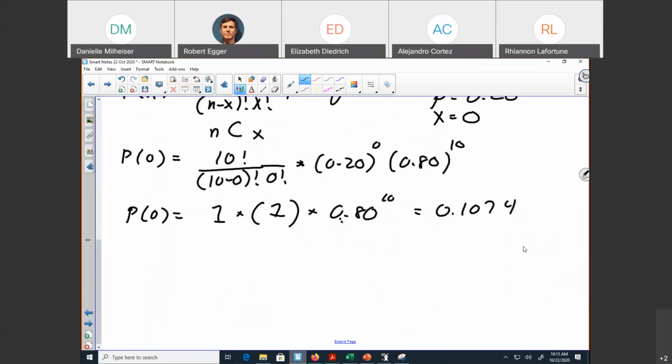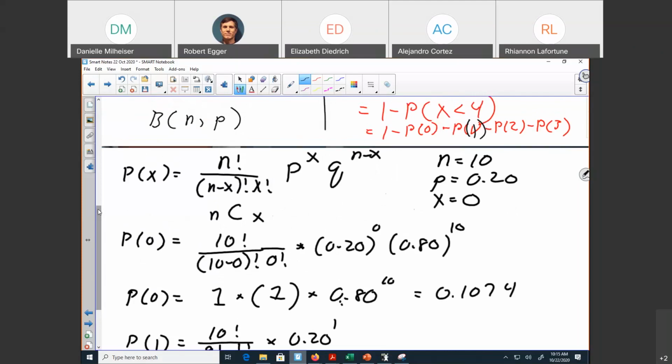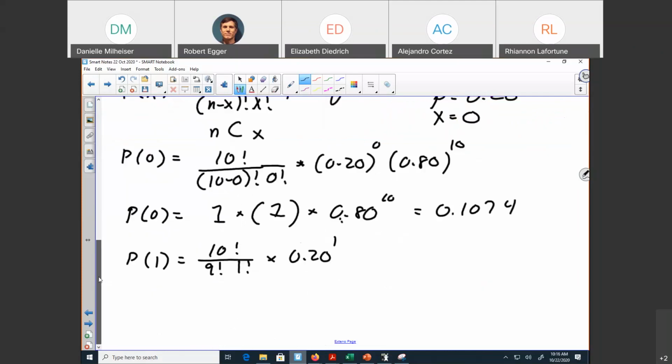Probability of 1. Well, that would be 10 factorial over 10 minus 1, which is 9 factorial, times 1 factorial, times that 0.20 to the 1, because x is 1, times 0.80 to the 9th. 9 plus 1 is 10.